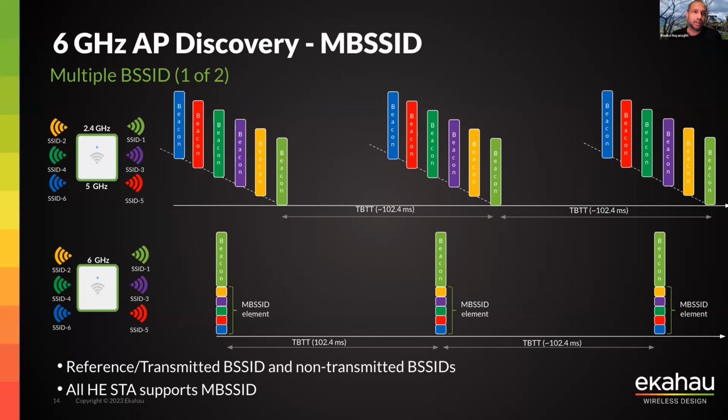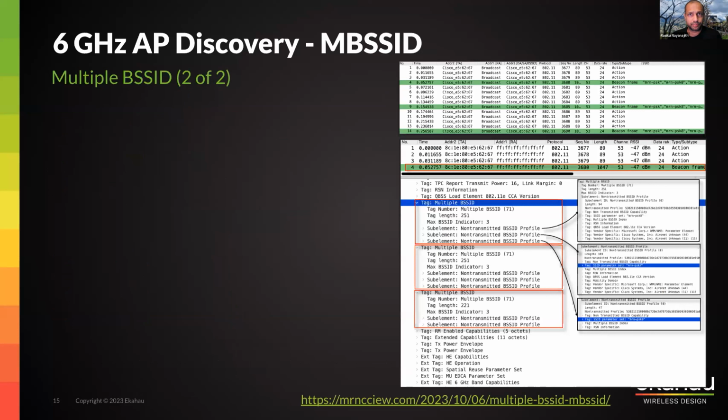Even in the legacy band, if you can do this, it will reduce some overhead, but definitely in 6 GHz this is the way beaconing works. So you can have multiple SSIDs, but using this MBSSID element, the client can discover other SSIDs configured in that access point.